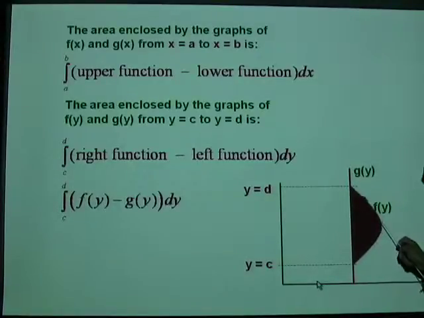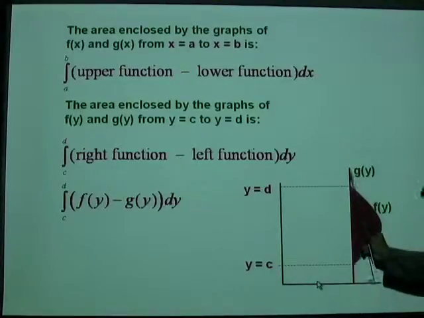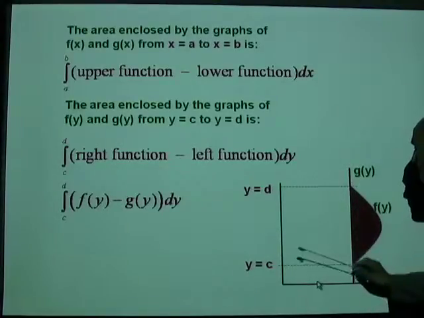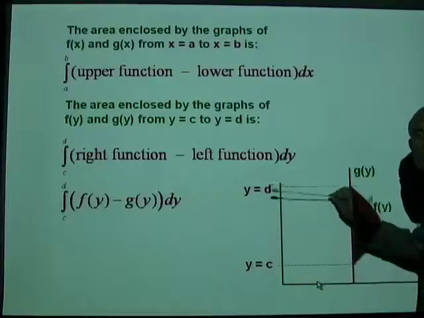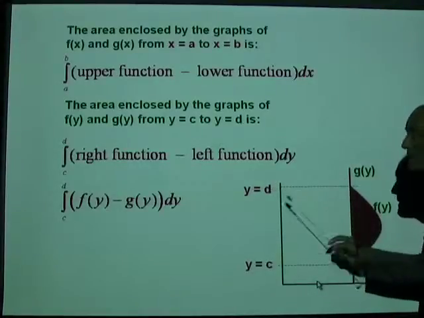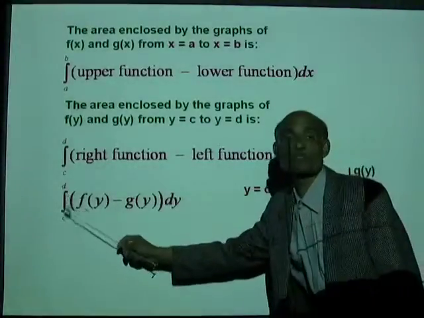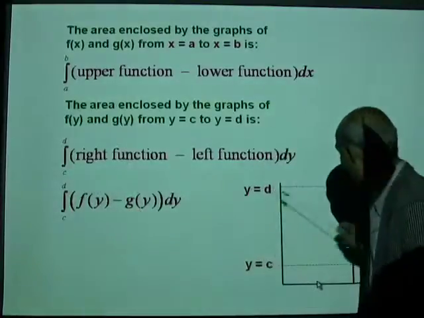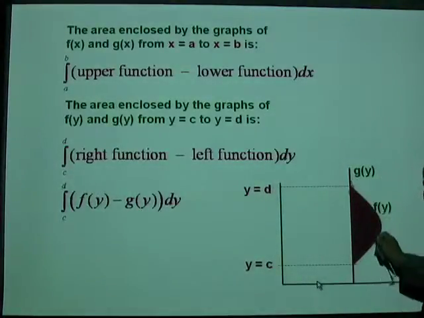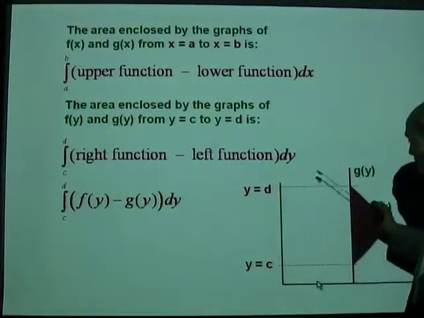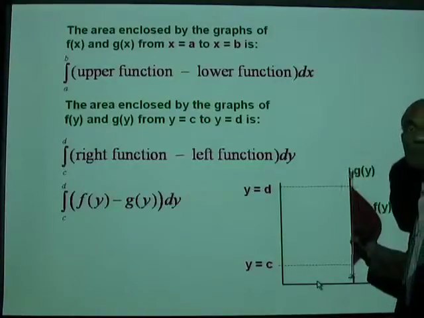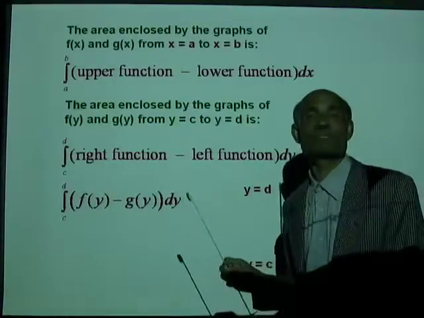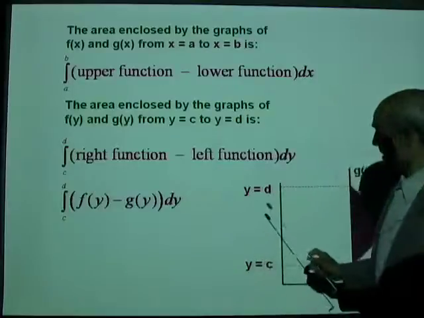The enclosed area is this, the area enclosed by f of y with g of y from y equal to c to y equal to d is integral c to d f of y minus g of y, the right function minus the left function. Well, let's practice this.